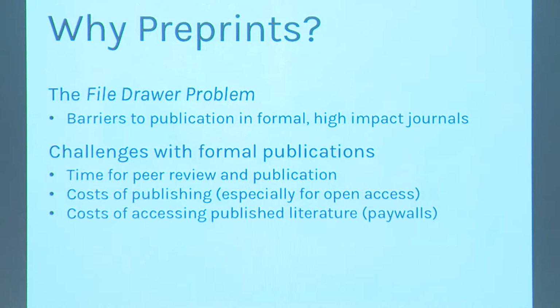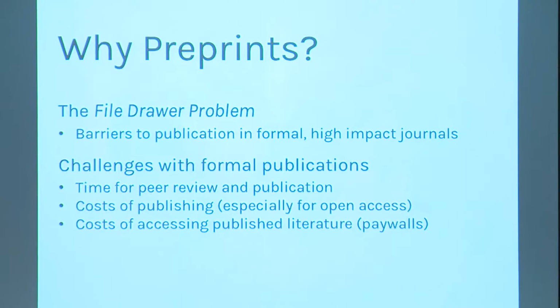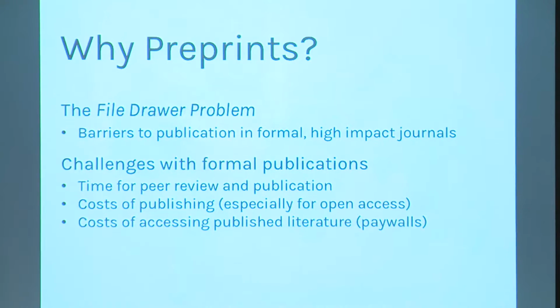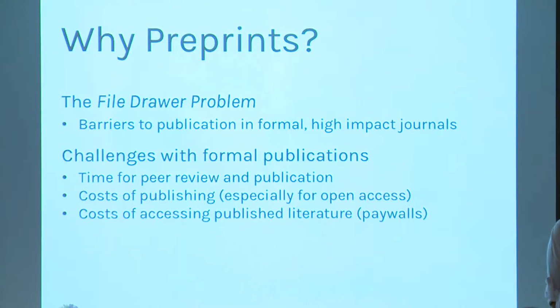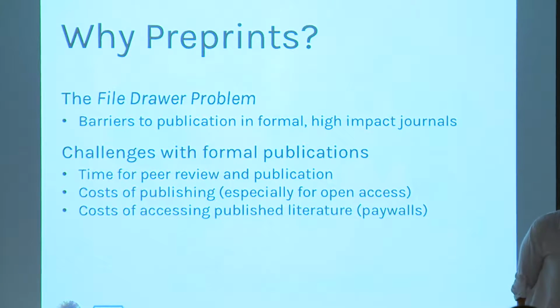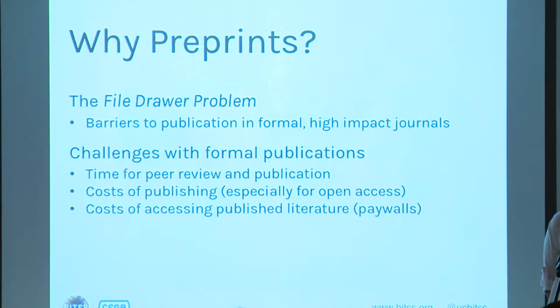So why do we do preprints? There are two big problems on the publishing and dissemination side of research. The file drawer problem, which I'll talk about a little bit in the next slide. There are barriers to publication in high impact journals, as many of you may have experienced already. And there are also challenges with formal publications.